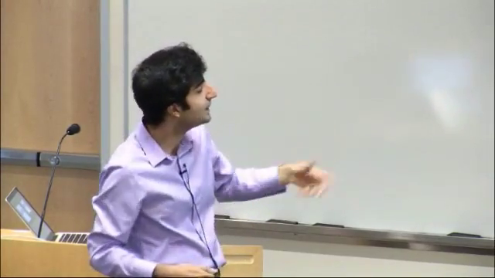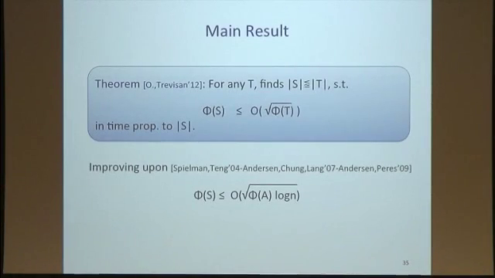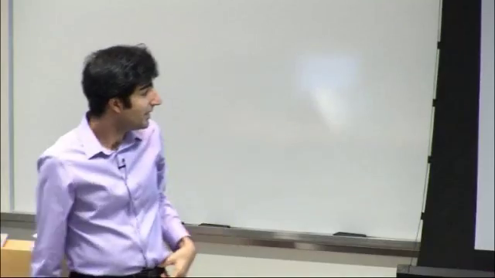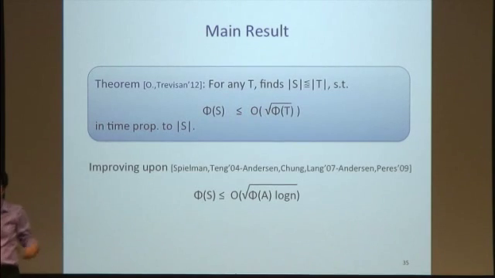So this basically improves upon the results of Spielman, Teng, Anderson, Chung, and Lang, and Andersen and Peres. These results show that you can do the same thing, but their guarantee has a root log n dependency on the size of the graph. So we managed to get rid of this dependency and get a guarantee in a sense very similar to what you get from spectral partitioning and Cheeger's inequality.